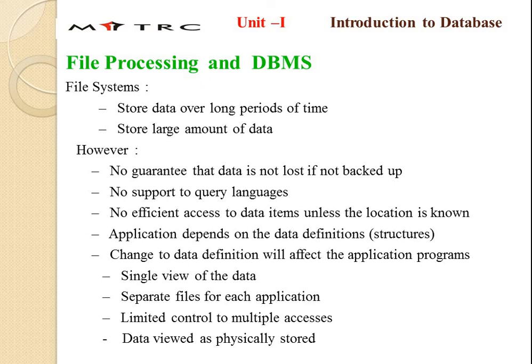We need to process the file every time a user creates a file, and every time the user is only able to access the information. There is no general purpose application. We need a program every time to access the file. So that is all about the concept of the simple file processing approach inside the DBMS.